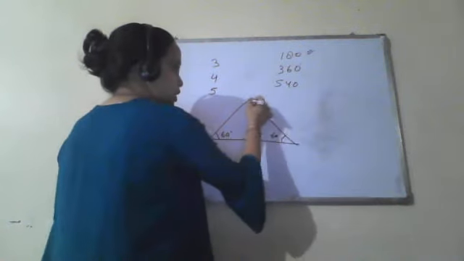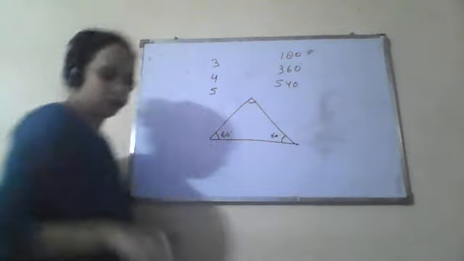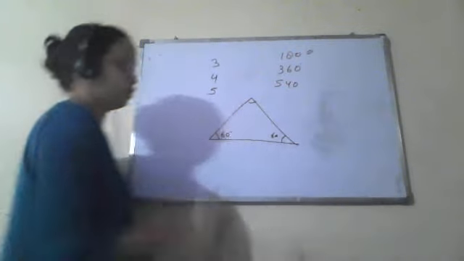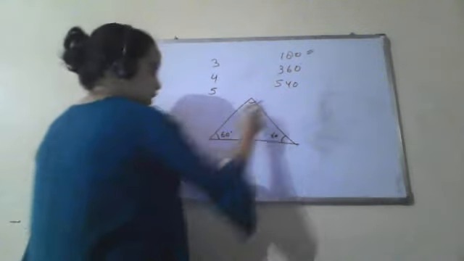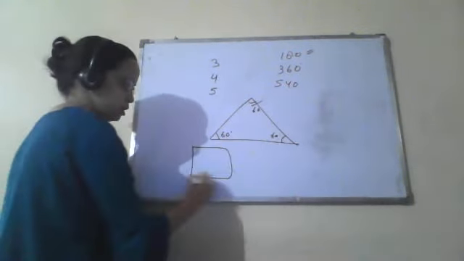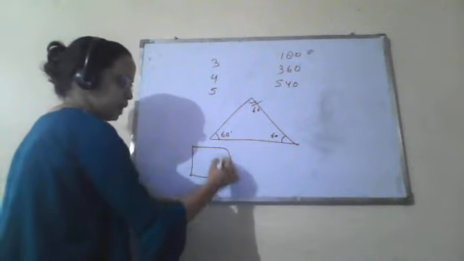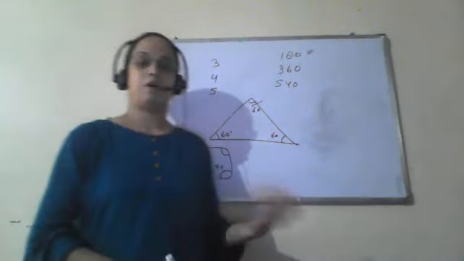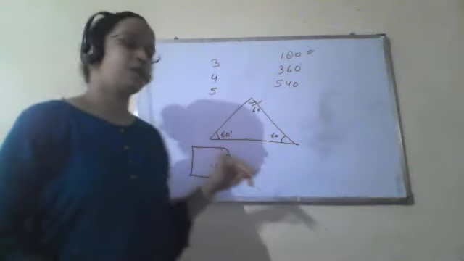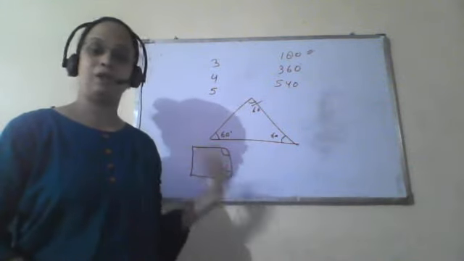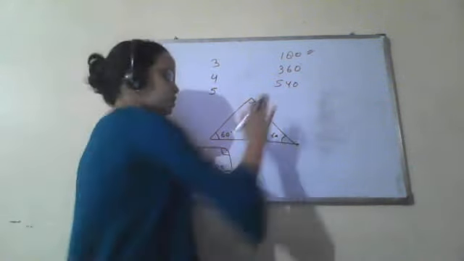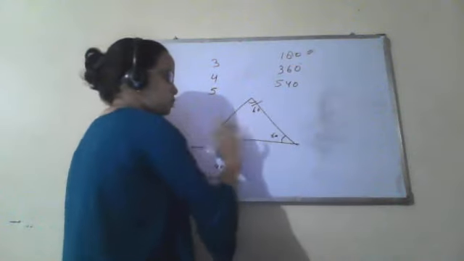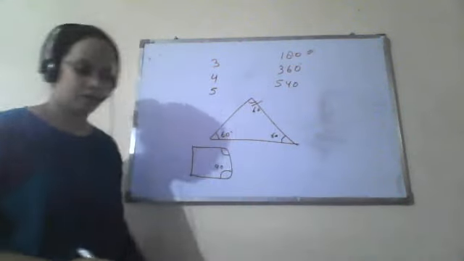So for an equilateral triangle, the interior angle will be minimum, it is 60 degrees. Even if you see in case of a square, each interior angle is 90, and as we keep on increasing the number of sides of the polygon, the value of this interior angle will keep on increasing. So this was the minimum possible value of interior angle for a regular polygon.